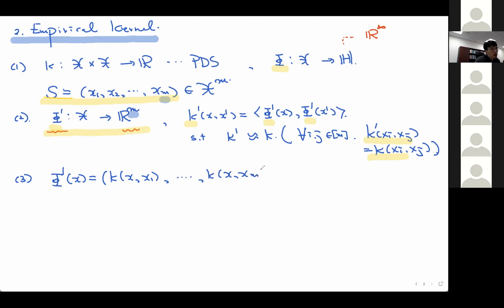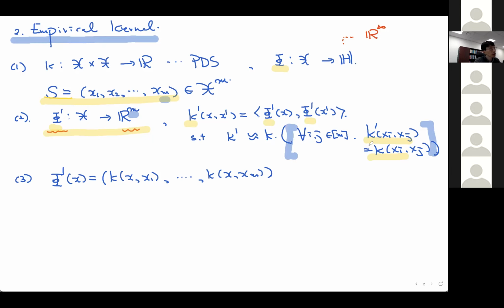This makes sense because k provides a similarity between two inputs, and one of the requirements we have is to ensure this equality.